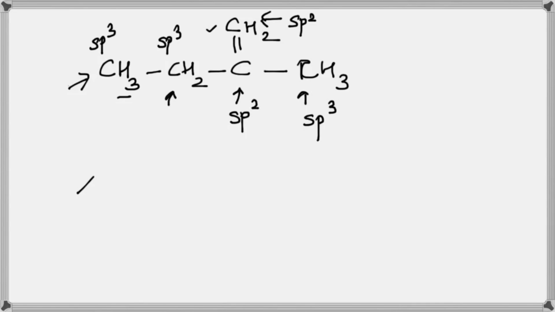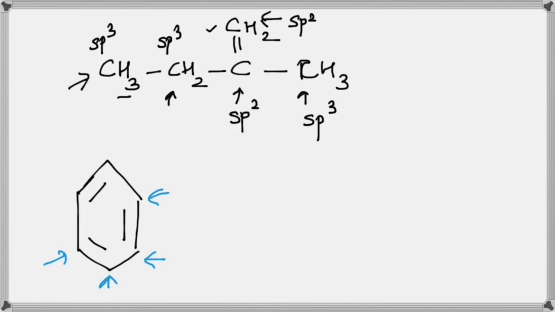Let's take another example and take the structure of benzene, and you can see that it has 6 carbon atoms, and every carbon atom here has a double bond attached to it. That means each carbon in benzene has sp2 hybridization. All 6 carbons of benzene are sp2 hybrid.